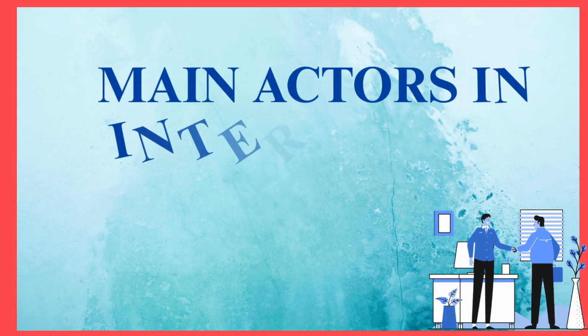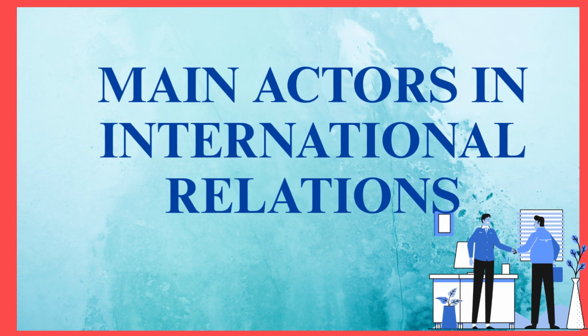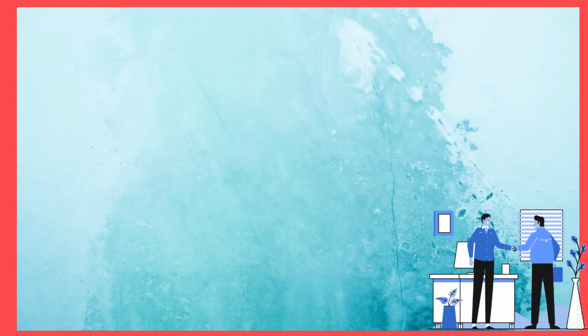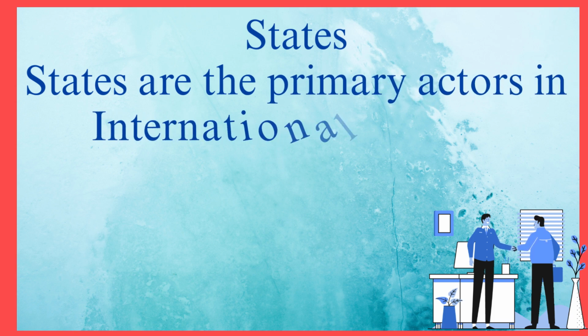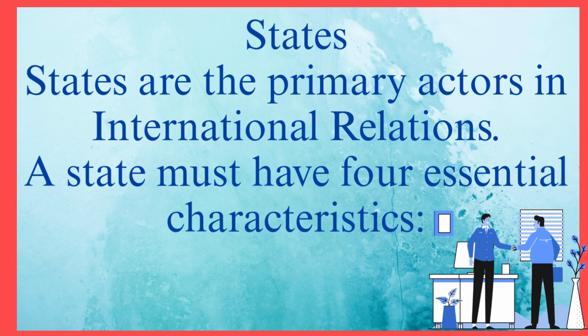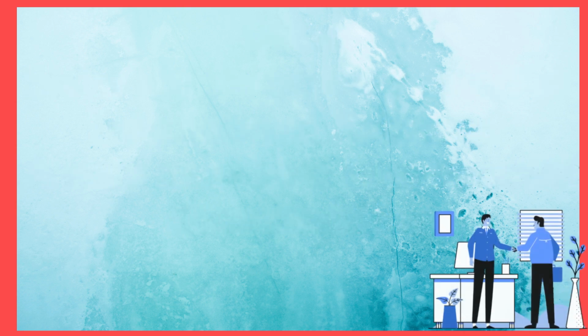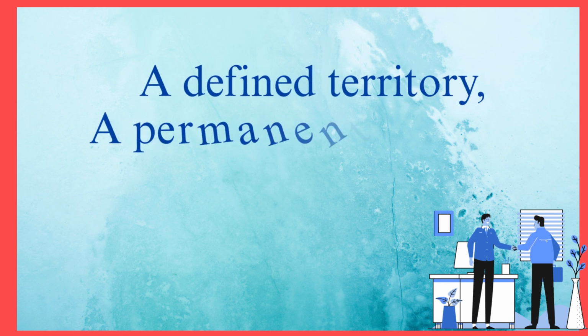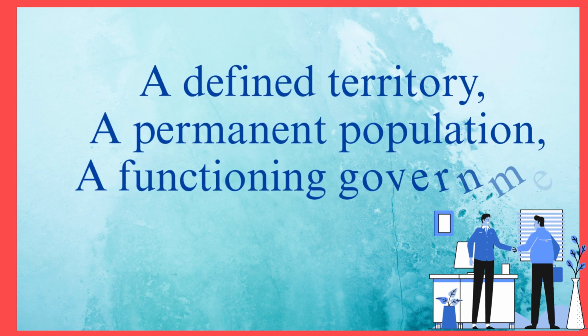Main actors in international relations. States. States are the primary actors in international relations. A state must have 4 essential characteristics: a defined territory, a permanent population, a functioning government, and sovereignty.